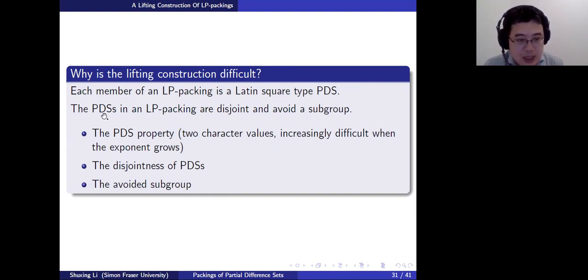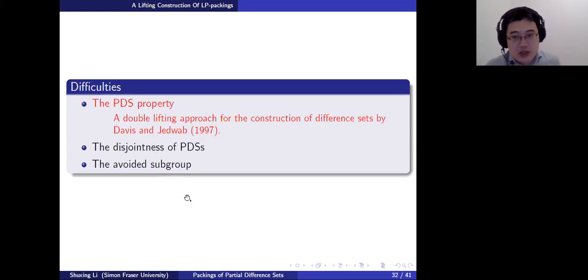Also, the PDS in an LP packing must be disjoint, and the union of them must avoid a subgroup. Those are very, very strict restrictions on this collection of subsets. So to manage the construction, we have to use some deep ideas.